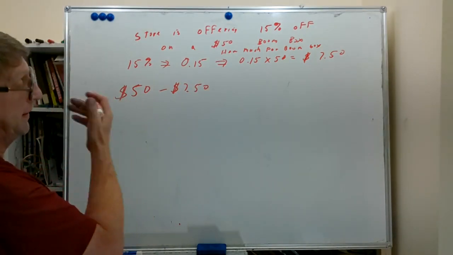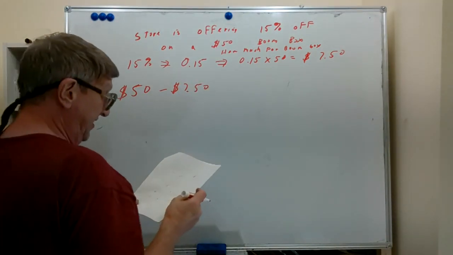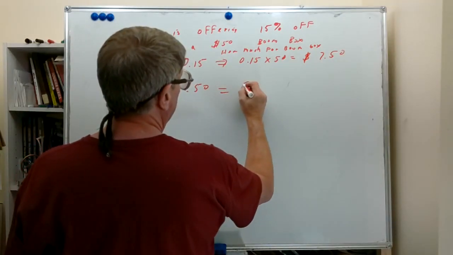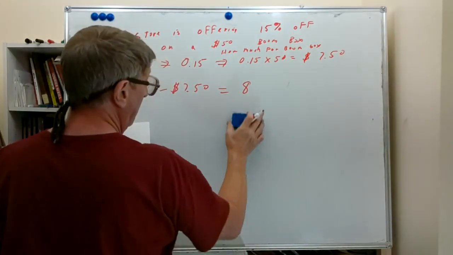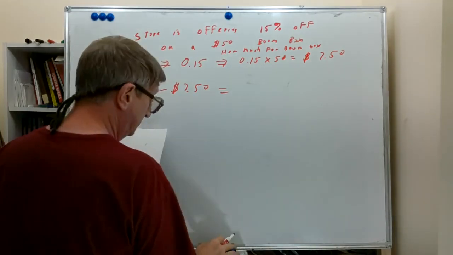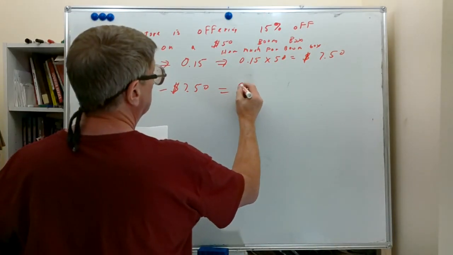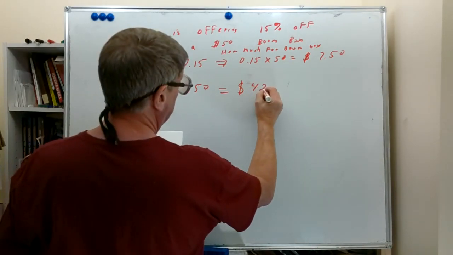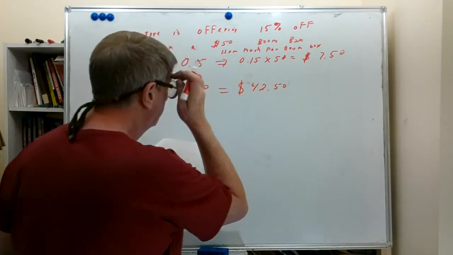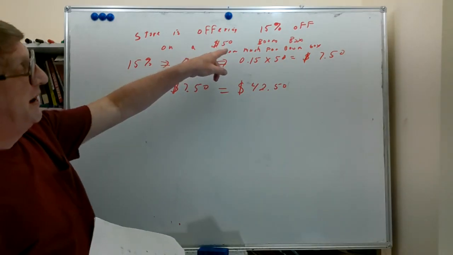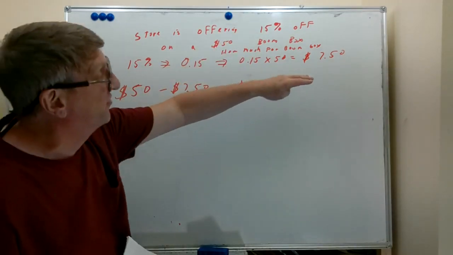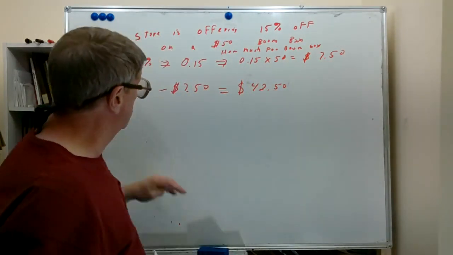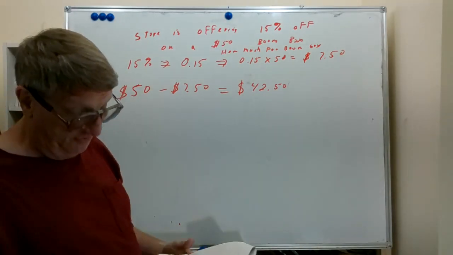Well, $50 minus $7.50 comes to $42.50. So the $50 boom box, after we took off the 15%, is going to cost us $42.50.